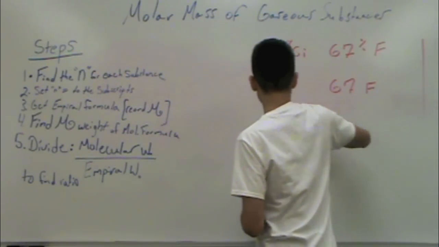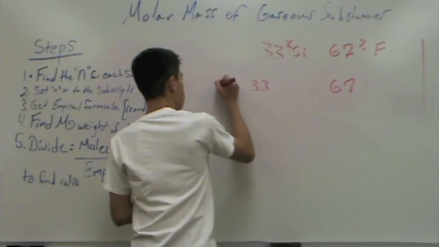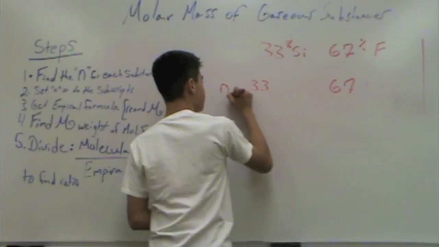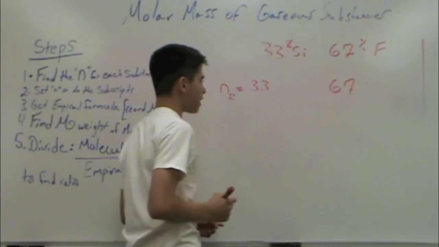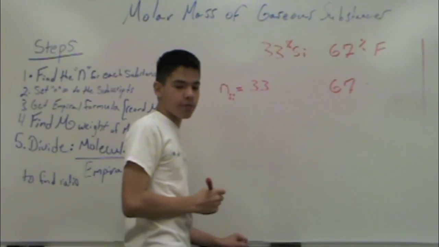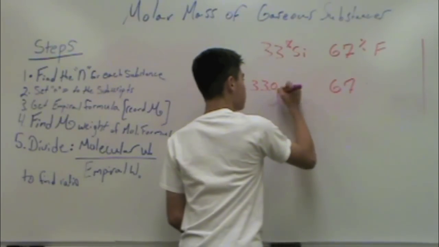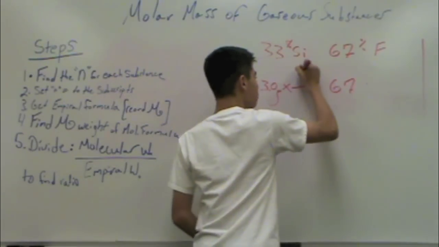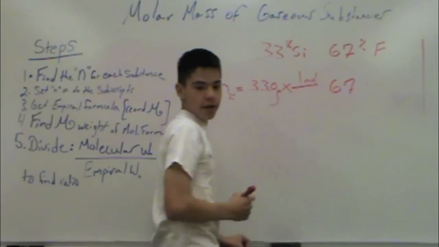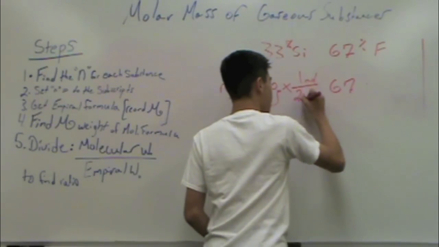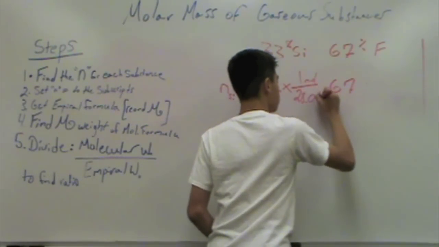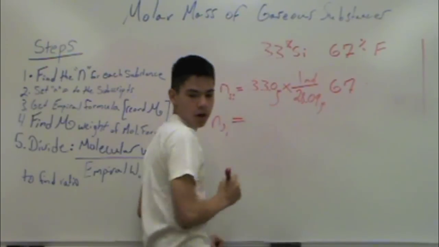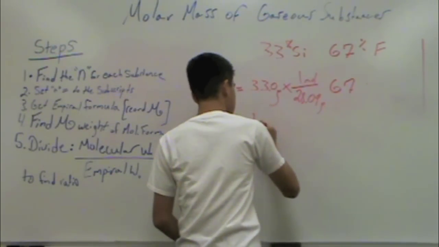Number of moles of silicon equals, and our conversion factor for finding the number of moles of silicon is 1 mole for every 28.09 grams, and we find that the number of moles of silicon in this problem is 1.17.